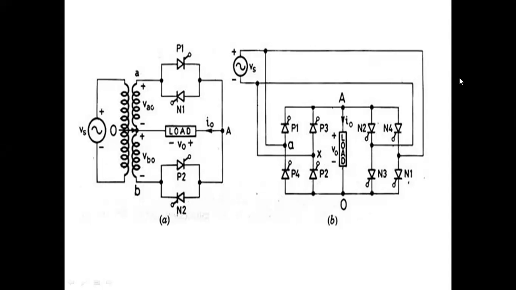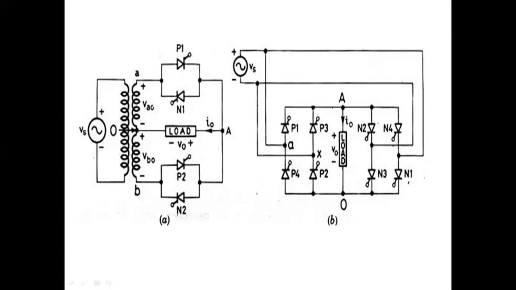Now come here. This is positive. This is negative. Among this, which one is forward biased? If it is positive among N1 and N4, which one is forward biased? N1, sir. N1. Here N2. That means during positive cycle, P1, P2 are forward biased, N1, N2 are forward biased.